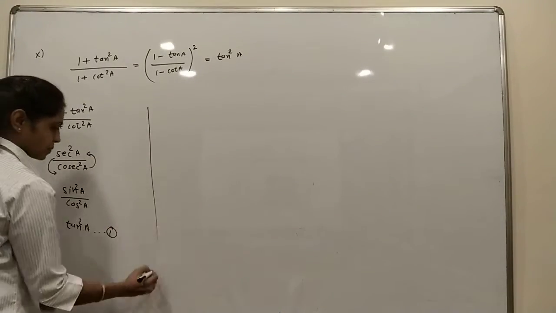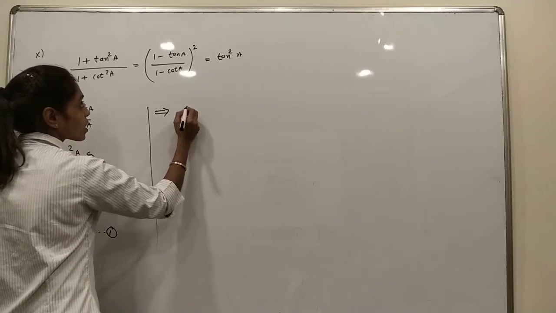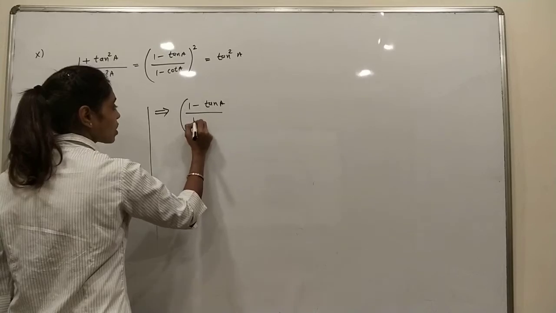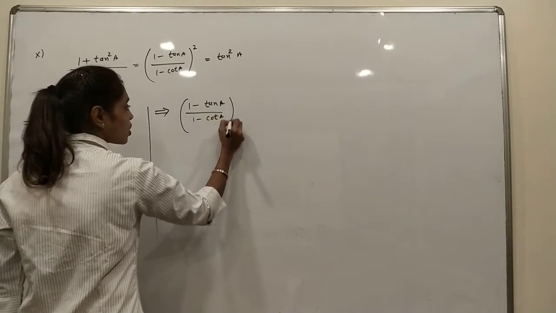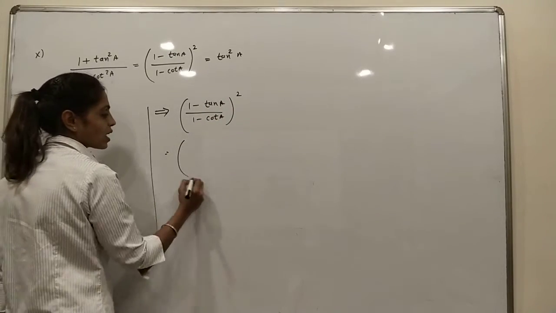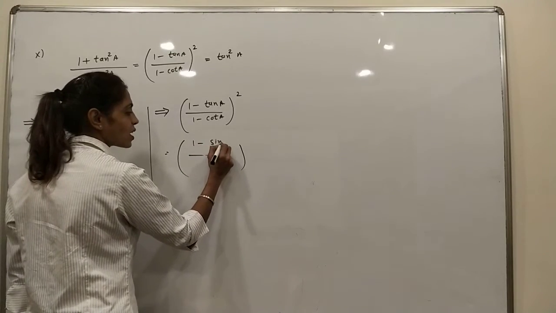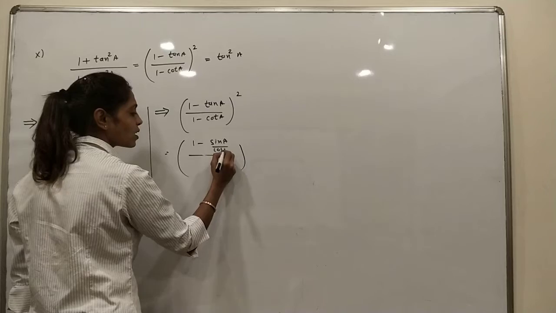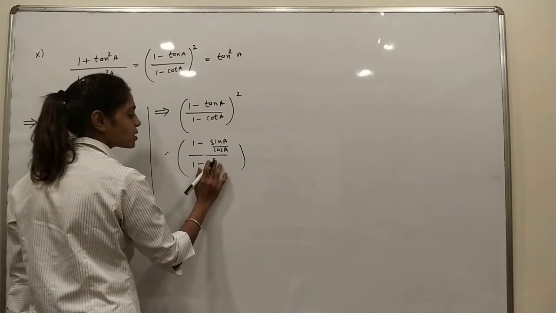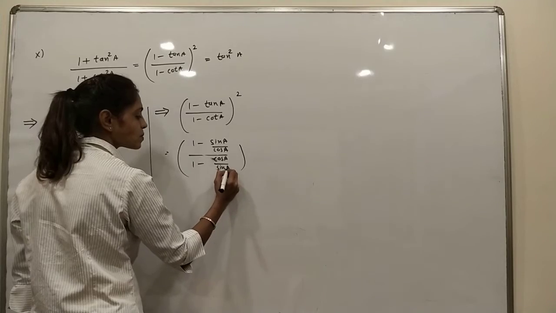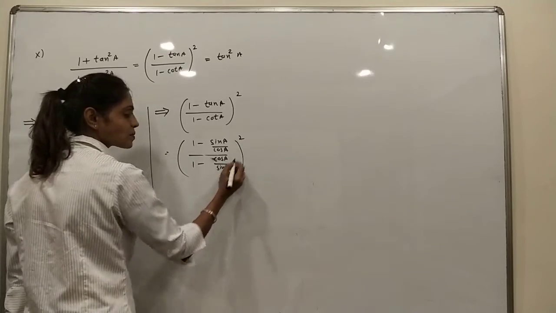Now the second column is 1 minus tan A upon 1 minus cot A, the whole square. Now convert into sin cos: 1 minus sin A upon cos A, 1 minus cos A upon sin A, the whole square.